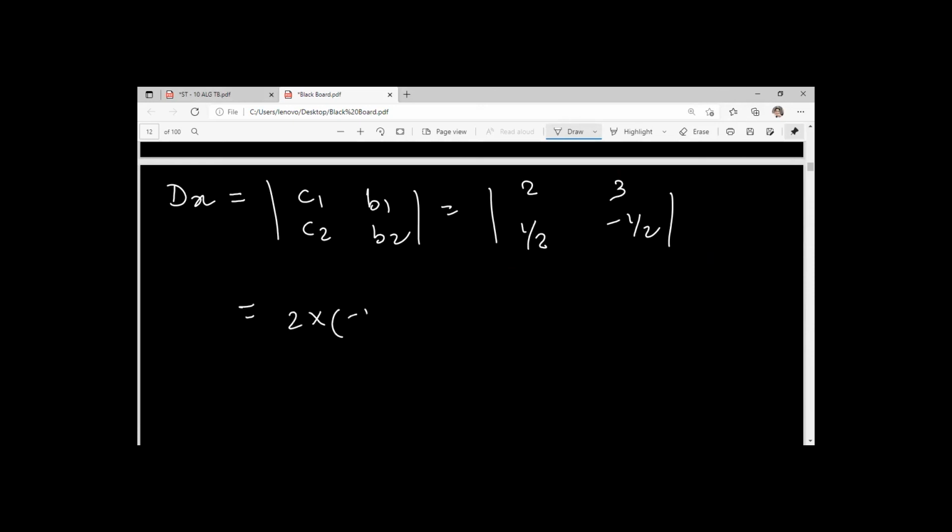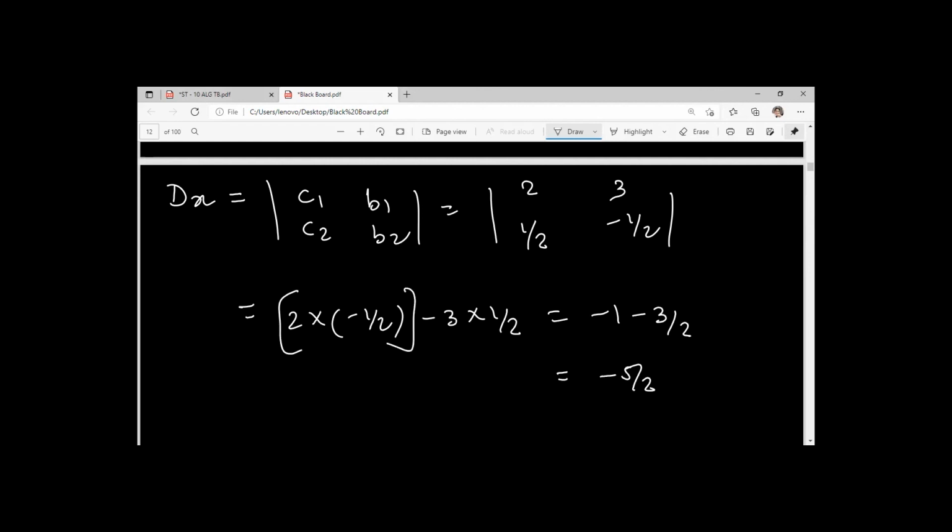Dx is equal to C1 C2 B1 B2, ठीक है, which is equal to 2 1 by 2, 3 minus 1 by 2, ठीक है, is equal to 2 into minus 1 by 2 minus 3 into 1 by 2, which is equal to minus 1 minus 3 by 2, which is equal to minus 5 by 2, ठीक है.